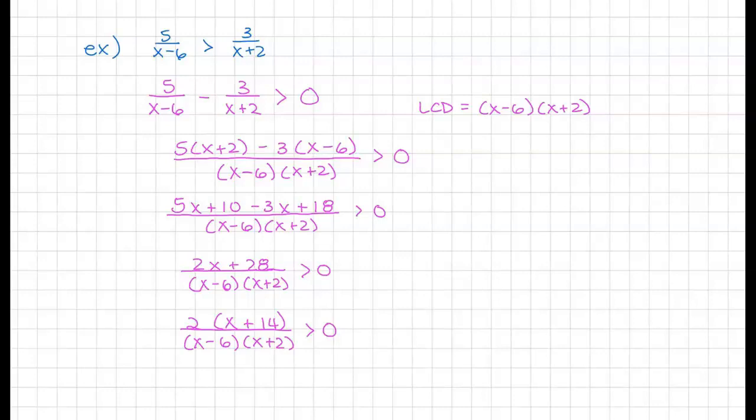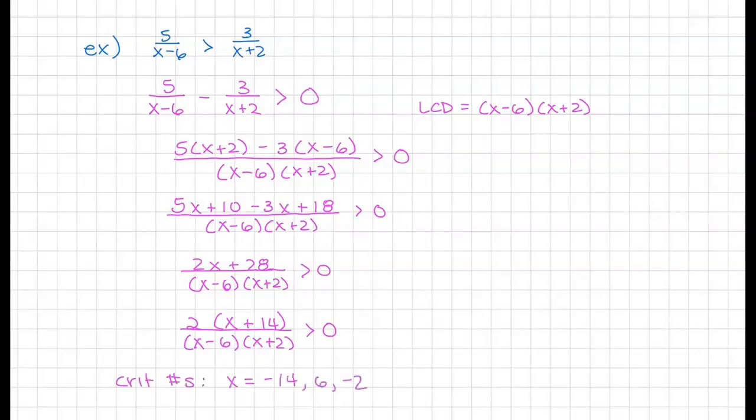If you multiply or divide an even number of positives or negatives, the answer is positive. But if you multiply or divide an odd number of negatives, the answer is negative. It's all based on that still. So we can find our critical numbers, and we can just look at these. We don't have to set each one equal to 0. Our critical numbers are going to be x equals negative 14, 6, and negative 2.